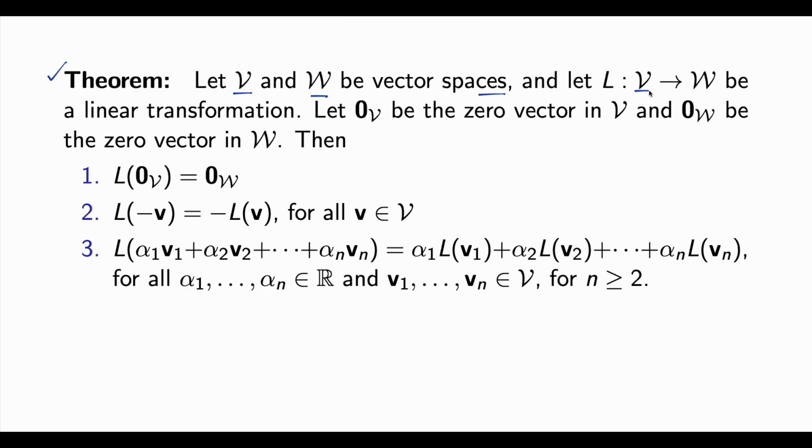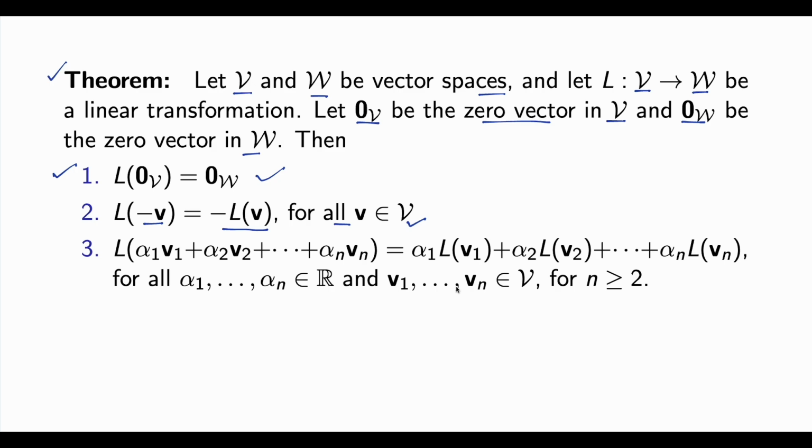And L is a linear transformation from V to W. Let 0_V denote the zero vector in V, and 0_W denote the zero vector in W. Then L(0_V) = 0_W. It means 0 maps to 0. The first property says this. The second property says L(-v) = -L(v) for all v in V.